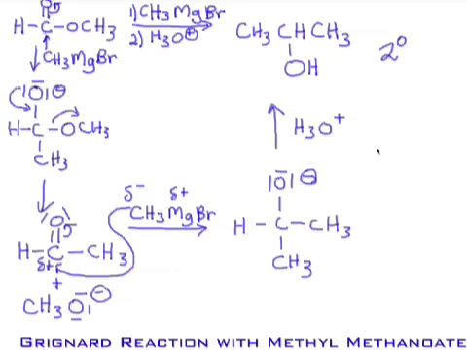And here we produce isopropyl alcohol. This is the only ester that produces secondary alcohols. There must be an H here. If there is an H there off of the ester, it is a methanoate. You can have different groups here. You could have ethyl, methyl off the oxygen, but you must have an H there, and it's a methanoate. Then you will produce a secondary alcohol.